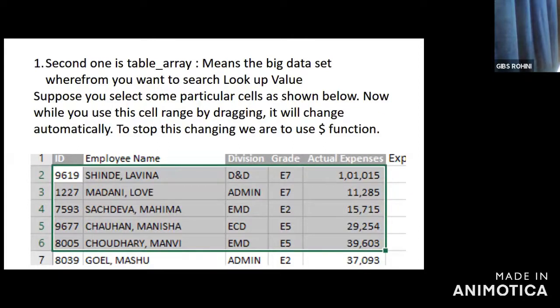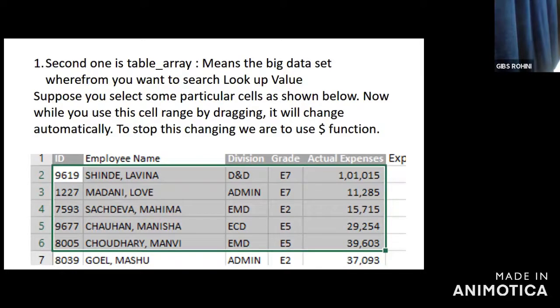But here there are two things. If you see a cell number, there are 2 parts. One is E and another is 7. That means E column, 7th row. I have to put both a dollar before E and a dollar before 7 to make this cell fixed for the verification.